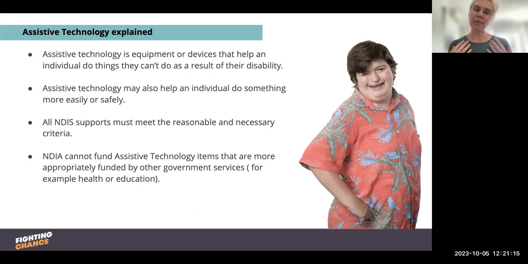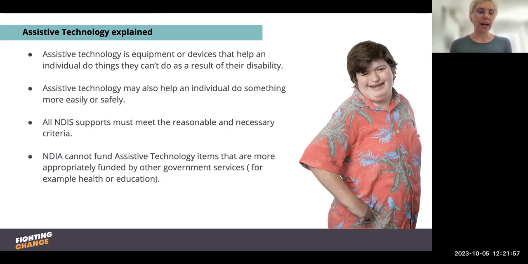So when someone has a barrier due to their disability, and it means that they can't access a room or the community, or engage in an activity in, say, the kitchen, so cooking or something like that, or showering in the bathroom, then the NDIA can put funding into an individual's plan to fund equipment that is recommended by an allied health professional or a nurse to help that person independently participate safely in that activity.